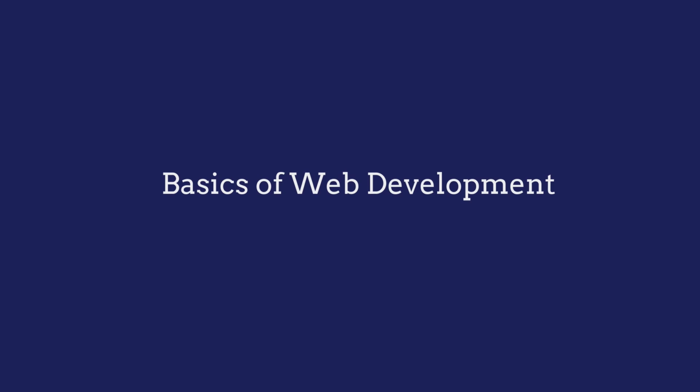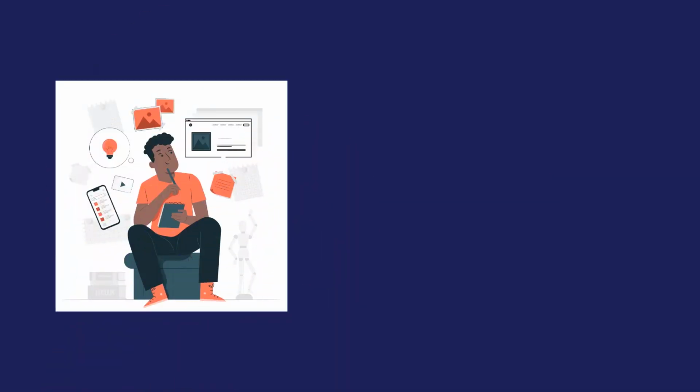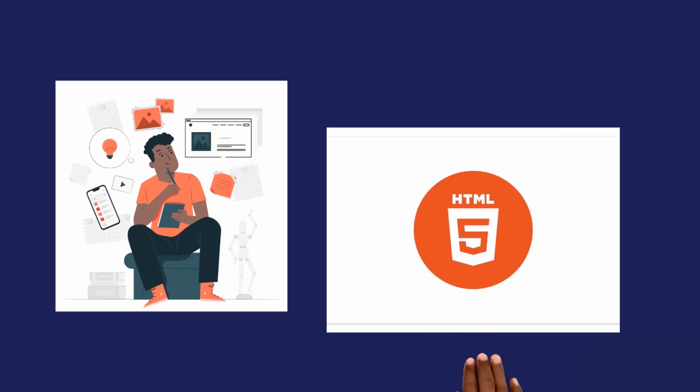Starting with the basics. What are the basic things that a web developer must understand in his web development journey? One of the basic things that the web developer must understand is the HTML aspects of web development.